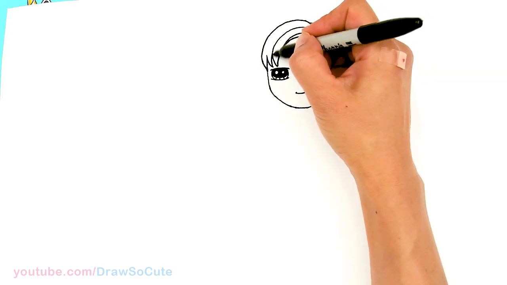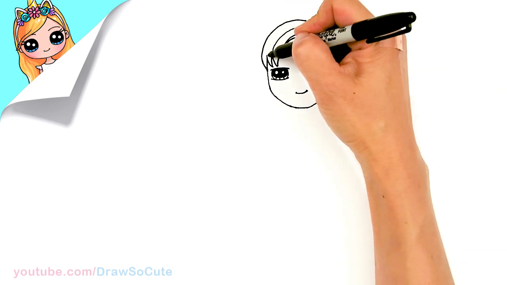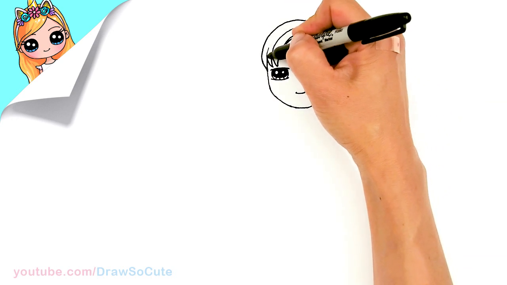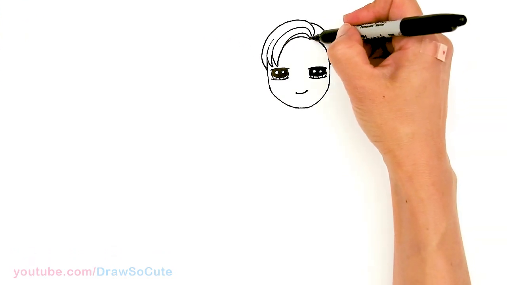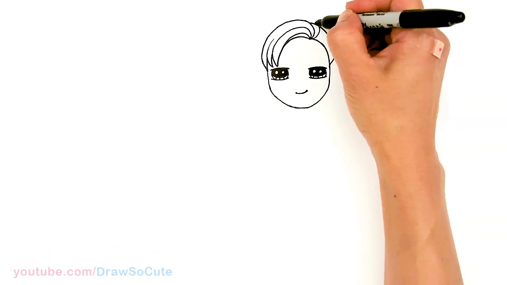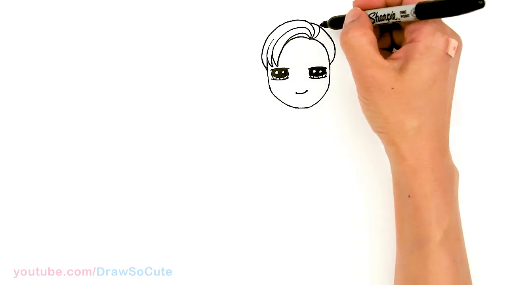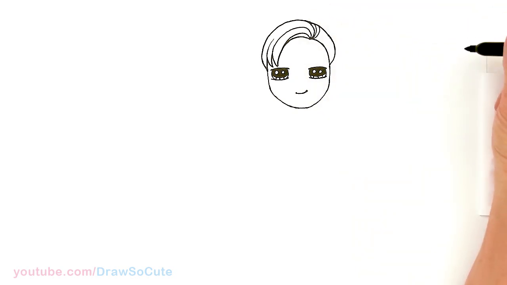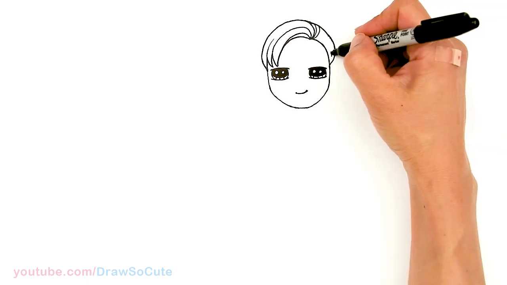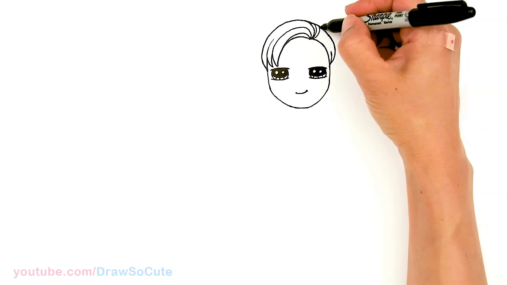It's always so harsh with a Sharpie, right? Looks better with a pencil. And let's just bring in this curve and finish it off, and then put in some more curves for his hair. And then right here, just add another line right there.